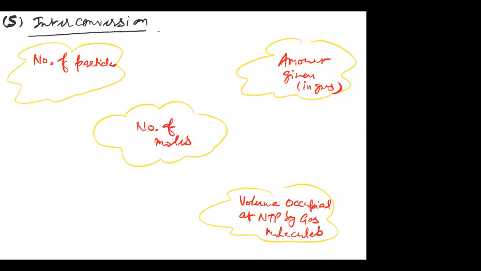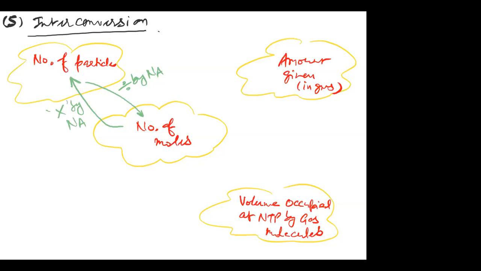So if you have to interconvert them, whenever the number of particles is given and you have to find the number of moles, it has to be divided by Avogadro number. And from number of moles, if you have to find the number of particles, it has to be multiplied by Avogadro number.